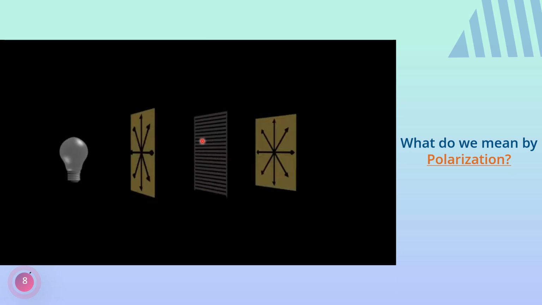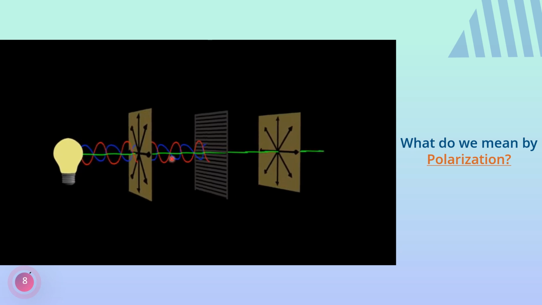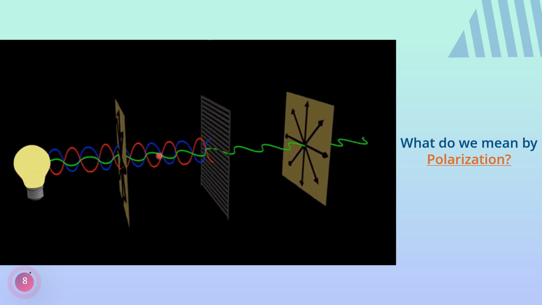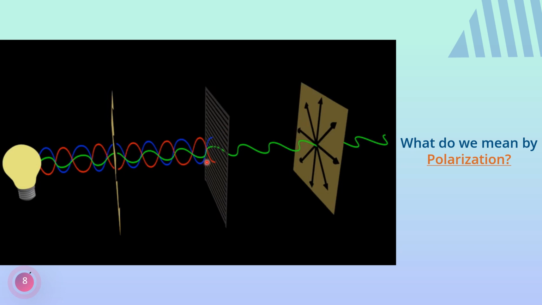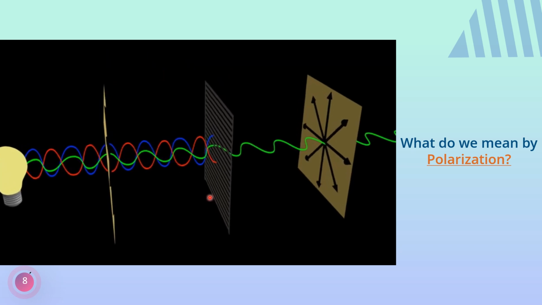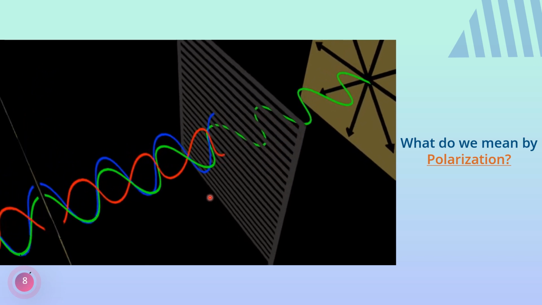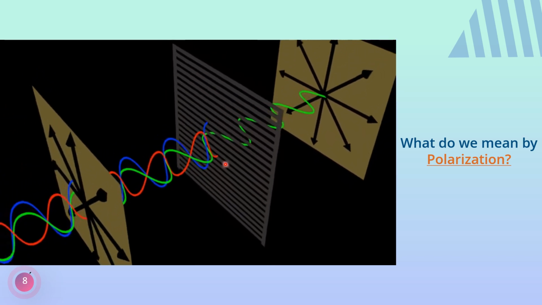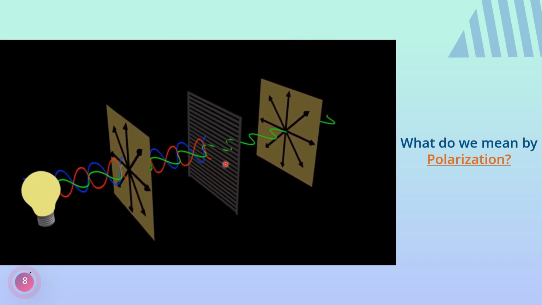As you can see, there are some gaps, and these gaps are horizontal, which means it will only allow the horizontal lines or planes to pass through, and it will block the other planes. So this is unpolarized light, and this is the polarized light, which is due to this polarizing filter. Polarizers, or polarizing filters, only allow the light to pass through in one direction or in one plane.